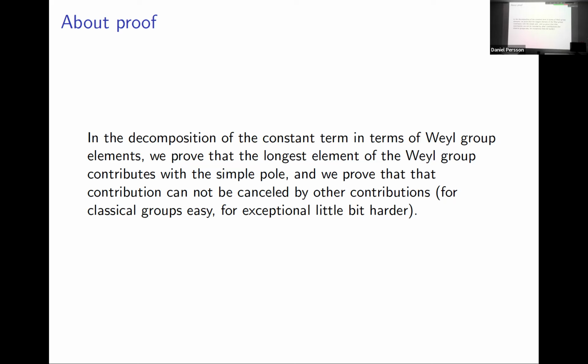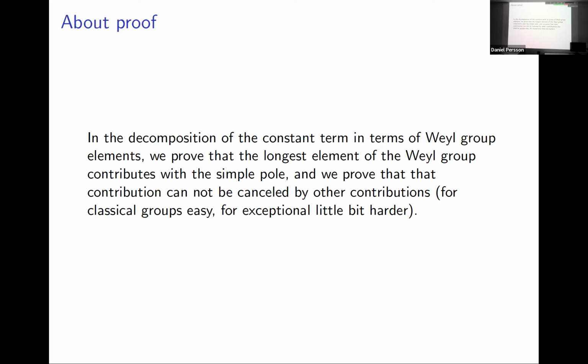And we prove that it really has a pole of order 0. And we prove that nothing cancels. So in this way, we prove that the Eisenstein series, the constant term, and then the Eisenstein series itself, has a pole which is at least simple. But you know that it is at most simple. So it's simple.